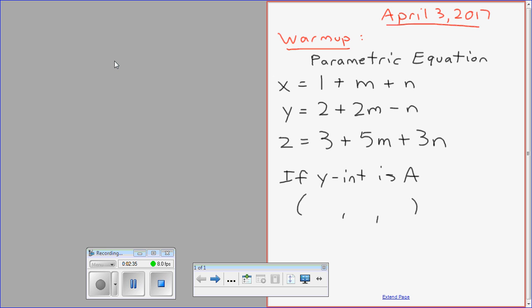Think back. Go back to grade 9. If I said find the y-intercept, what would x be then? 0. So in this case, it's going to be the same thing, except instead of being 0, it's going to be 0 comma A comma 0.